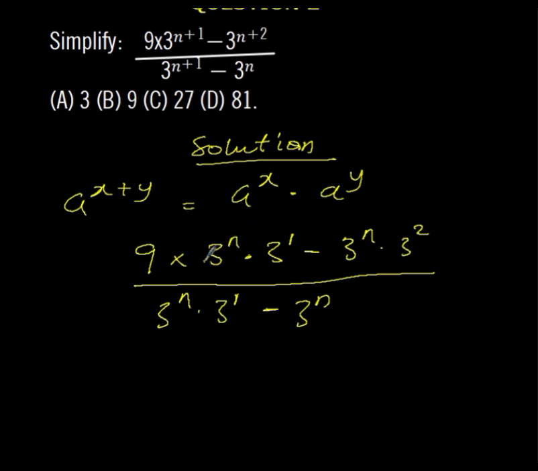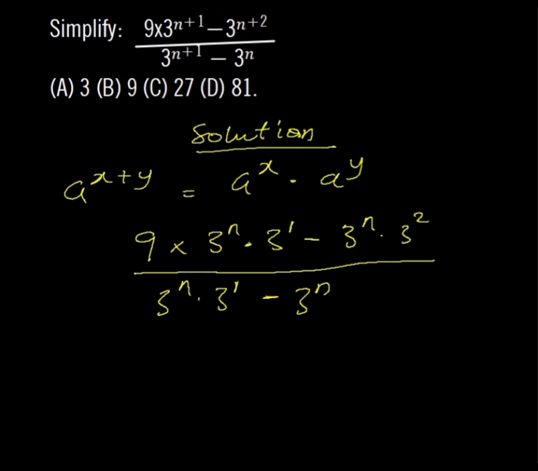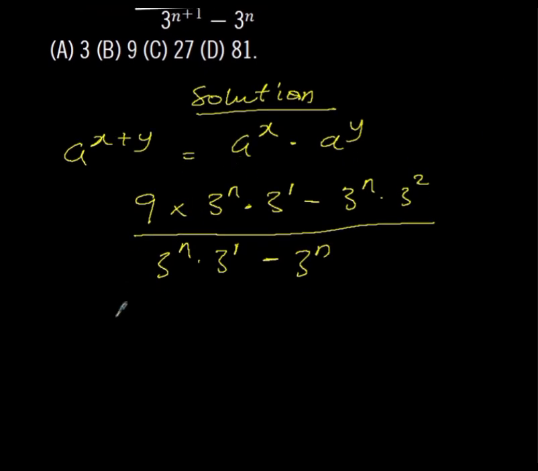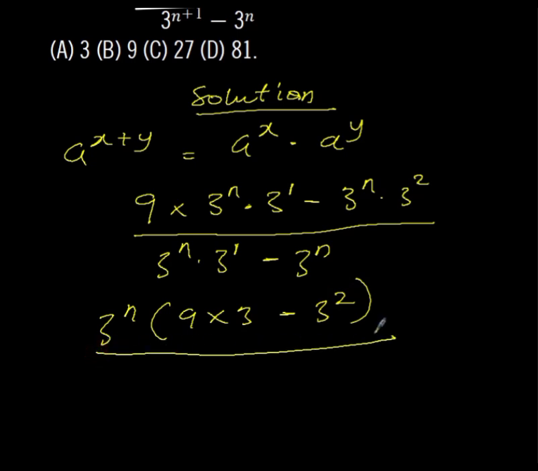So we factor out the HCF, which is 3 raised to power n, and use it to divide the expressions. 3 raised to power n into 3 raised to power n has gone out, and what we have left is 9 times 3 raised to power 1, which is 3, minus 3 raised to power n cancels out 3 raised to power n, and what we have left is just 3 squared.